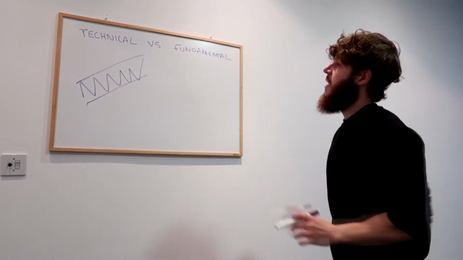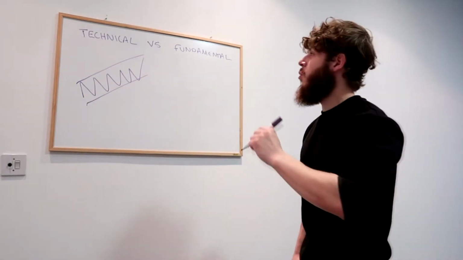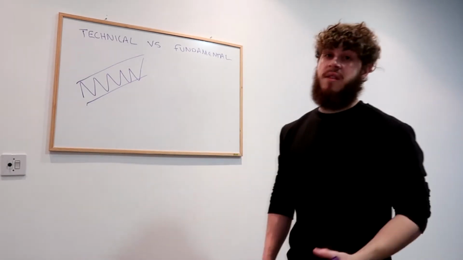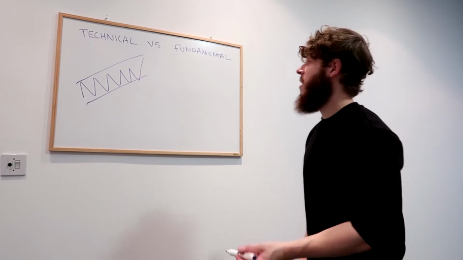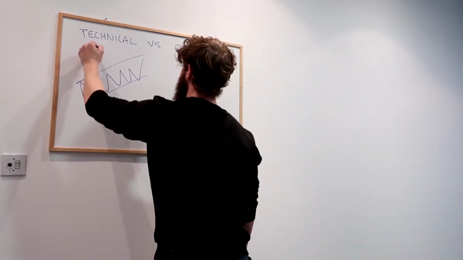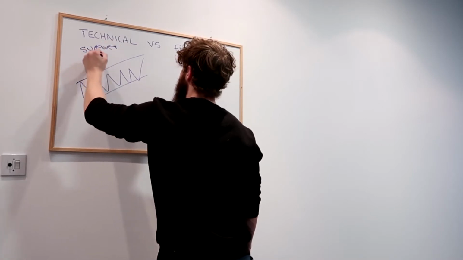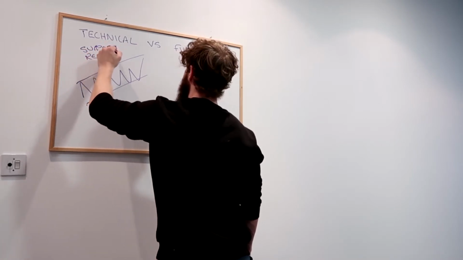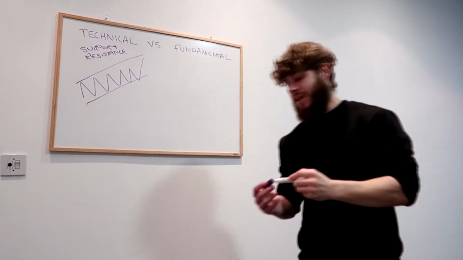So what you're doing here is you're looking at the technical side of the chart to see what the data in front of you is actually saying. So common methods, like I said, are trend lines, support and resistance lines, another big thing that will give you a good indication of what is more likely to happen.